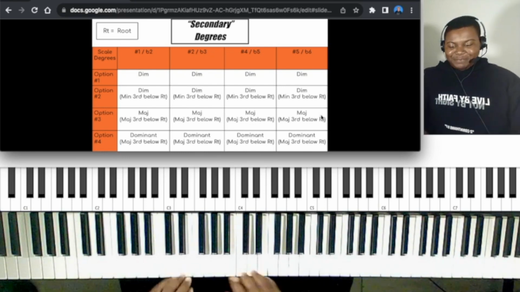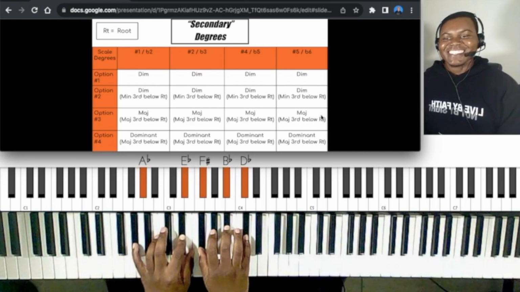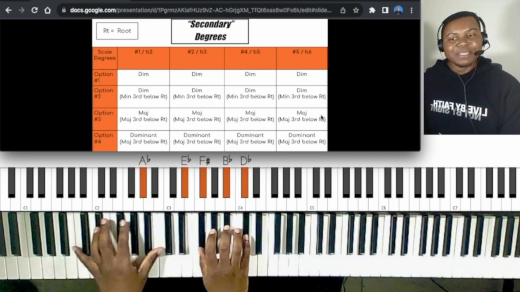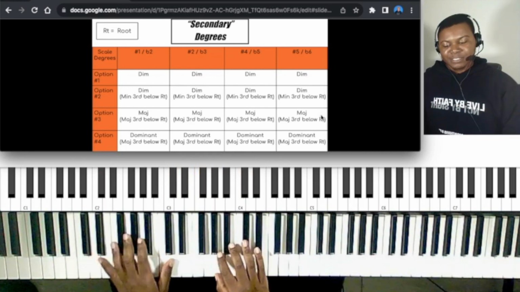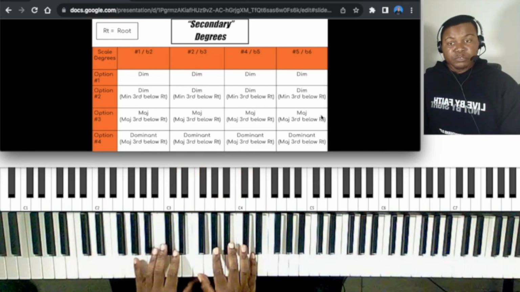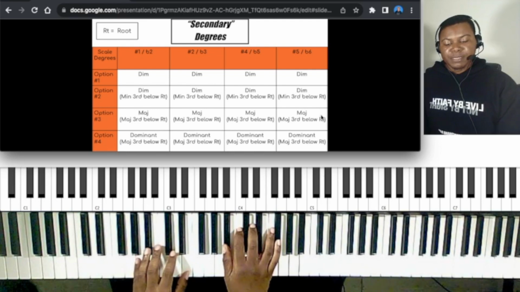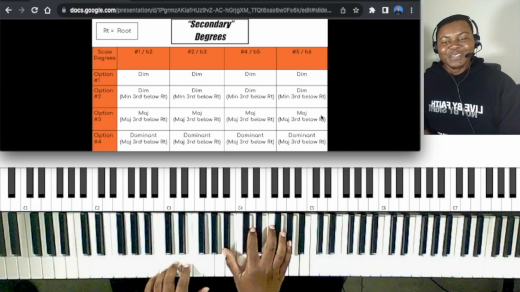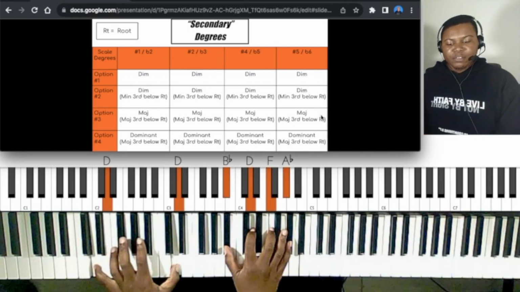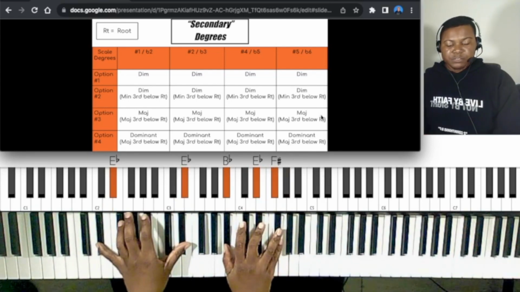All right, last option, so we can get out of here, is to play a dominant the same distance away. So to go through it quickly, option three was to play a B flat major over our flat two. Now we're just going to do a B flat dominant over our flat two to get to the two.